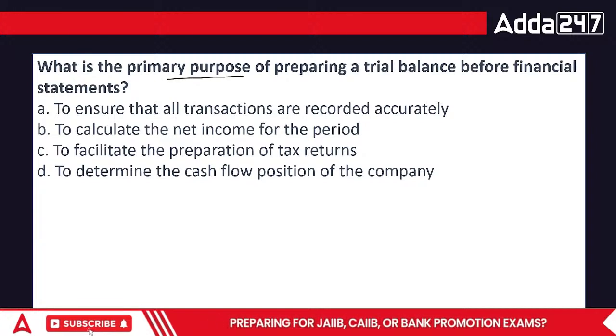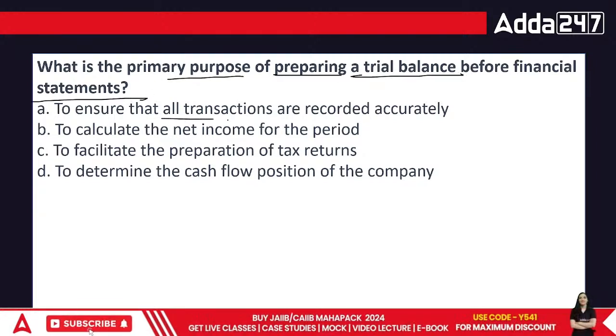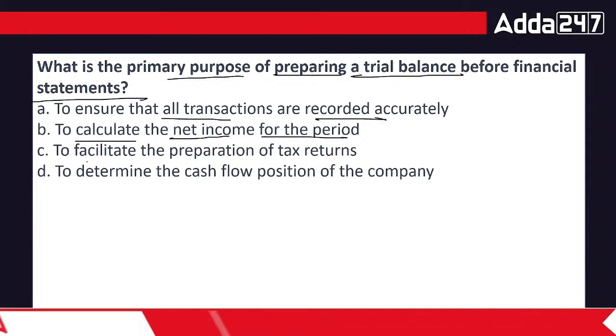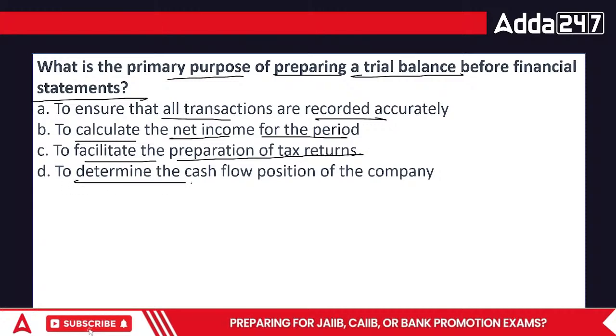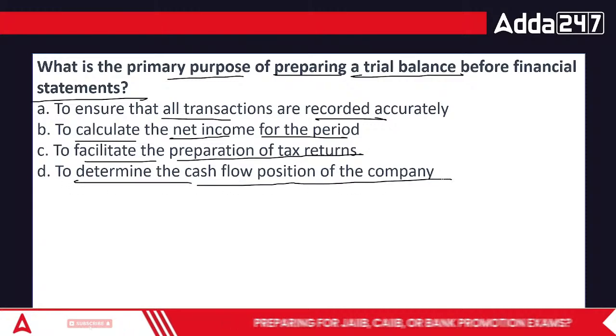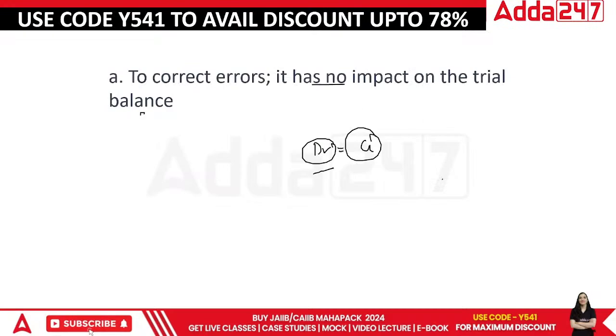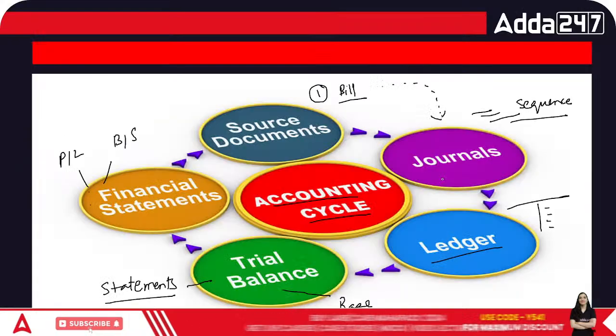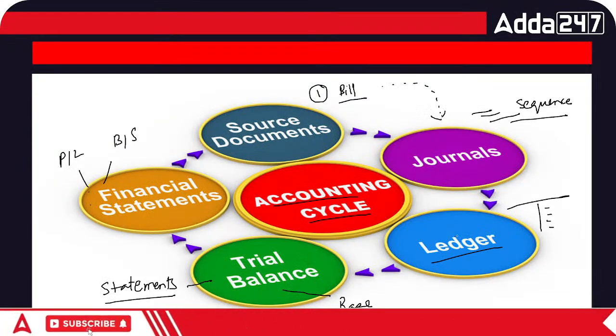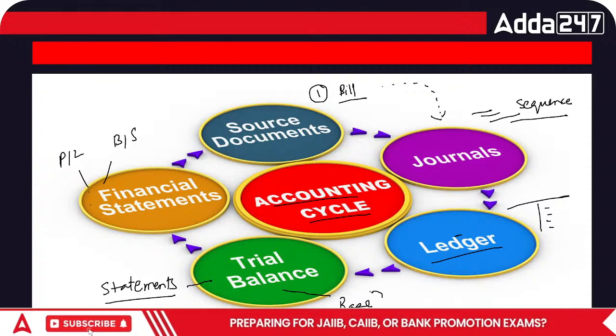What is the primary purpose of preparing the trial balance before the financial statements? To ensure all the transactions are recorded accurately, to calculate the net income for the period, to facilitate the preparation of tax returns, or to determine the cash flow position of the company. As you already know, when we go back, we talked about this area. Trial balance is the base. What did I say?